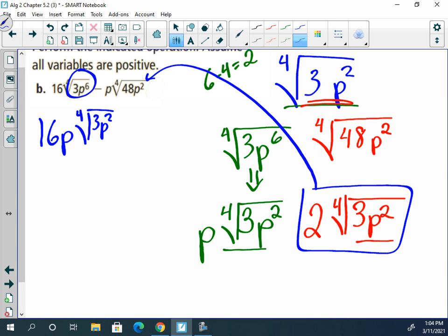Now we're also going to put 2 times the 4th root of 3p squared in for our 4th root of 48p squared, which would give us minus 2p times the 4th root of 3p squared. Any questions on any of this here?